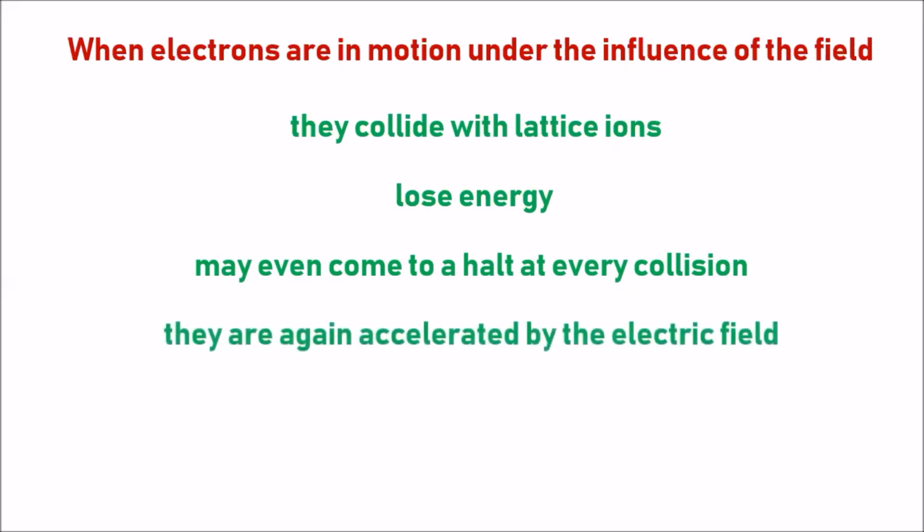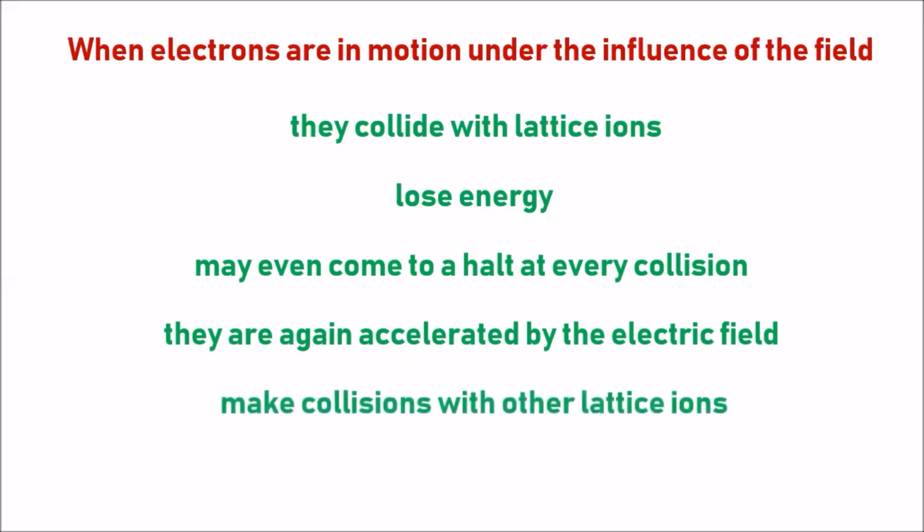Again, they are accelerated by the electric field. Electrons are accelerated by the electric field and then make collisions with another lattice ion. So it will move, collide, come to rest, again gain energy, move, collide, lose energy, come to rest, again accelerated by the electric field.